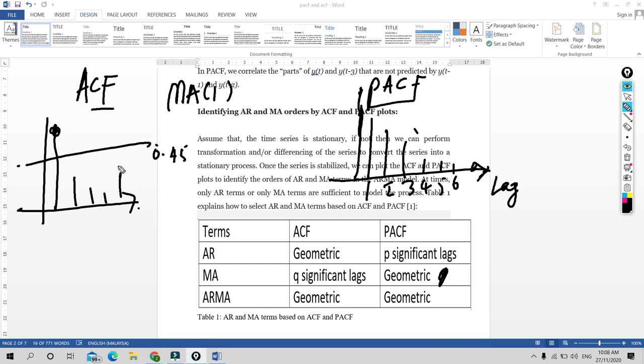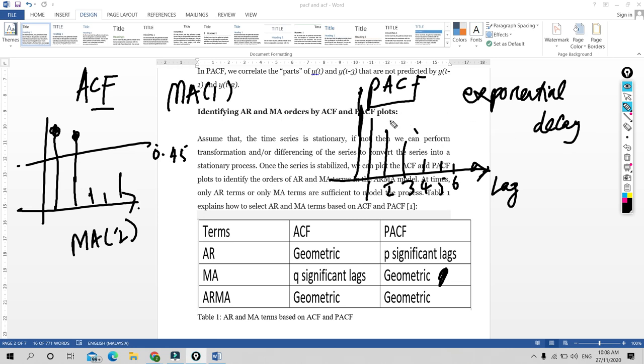Now the last one. If I have the ACF here, the ACF function and the PACF both decay exponentially. Let's say like this, the ACF decays exponentially, and the PACF also decays exponentially.